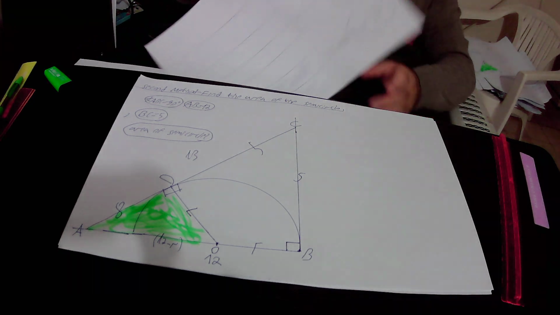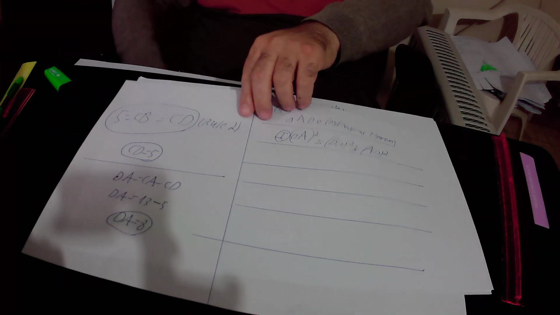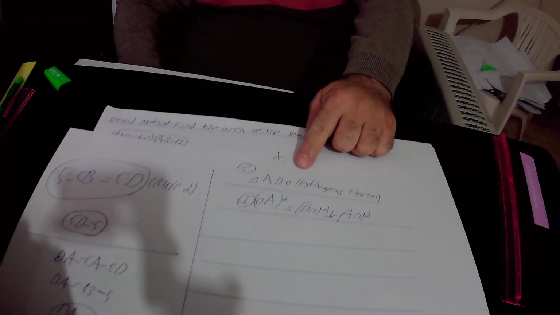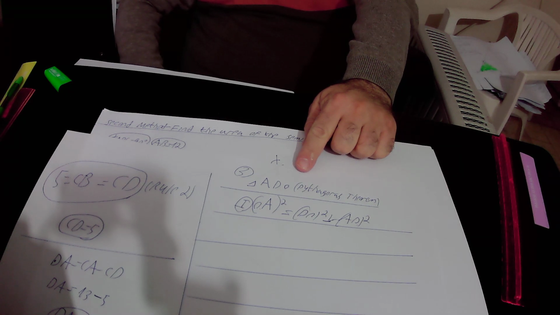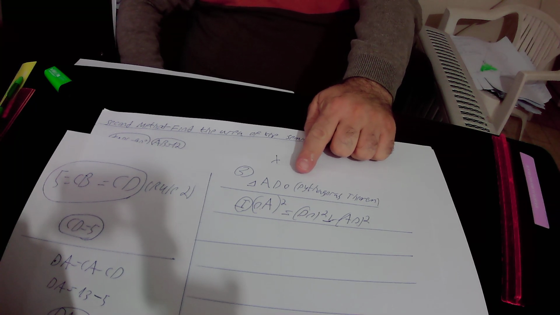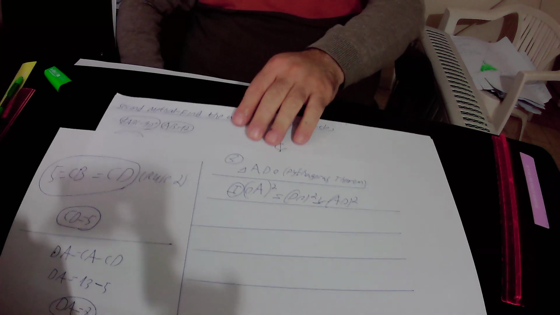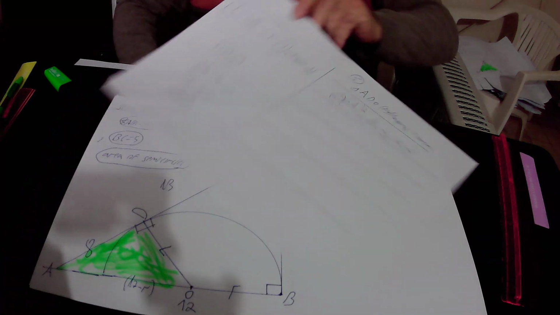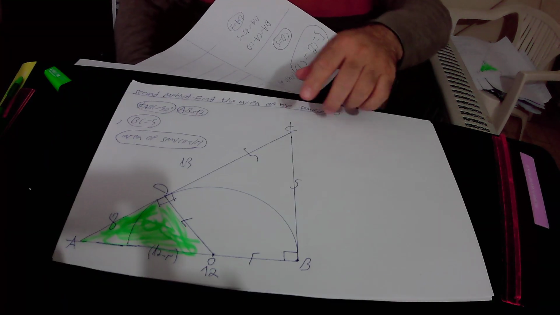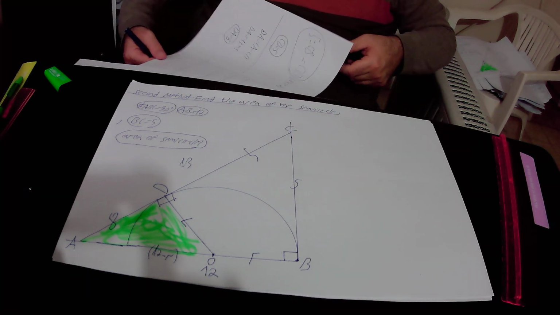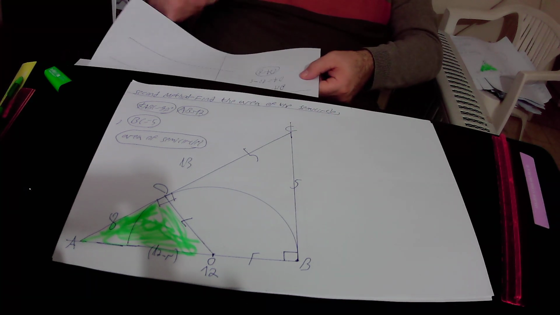So I repeat again, in the right triangle ADO, according to the Pythagoras theorem, the square of the hypotenuse equals the sum of the squares of the perpendiculars, that is to say OA square equals DO square plus AD square. But we have already found out that OA equals 12 minus R, therefore OA square is equal to 12 minus R square.